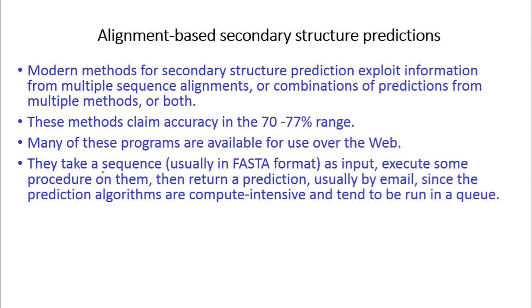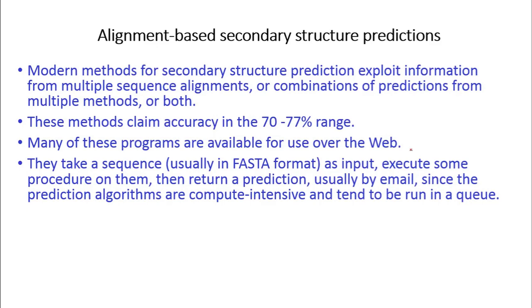So we upload the FASTA format sequence of our protein as an input. They will implement their algorithm. They would execute the prediction, and whatever they have predicted, they will send you by email.